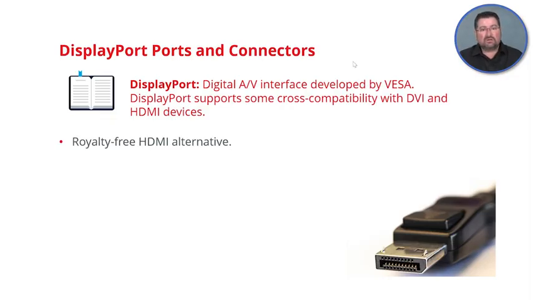So it's a digital audiovisual interface developed by VESA. DisplayPort supports some cross-compatibility with DVI and HDMI. So DisplayPorts, like for instance, when I traveled a lot, they gave me a laptop from my corporation that only had a DisplayPort on the side. And I'm traveling to all these different conference rooms all through Chicago, New York, LA, and none of them have a DisplayPort on their projector.